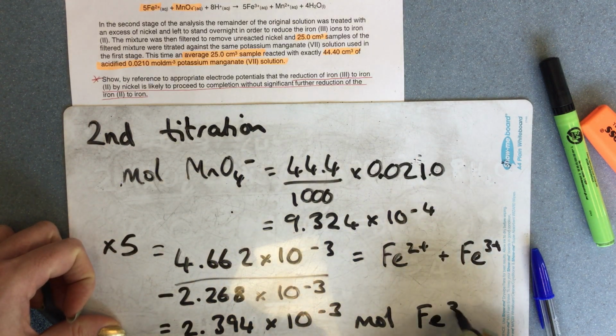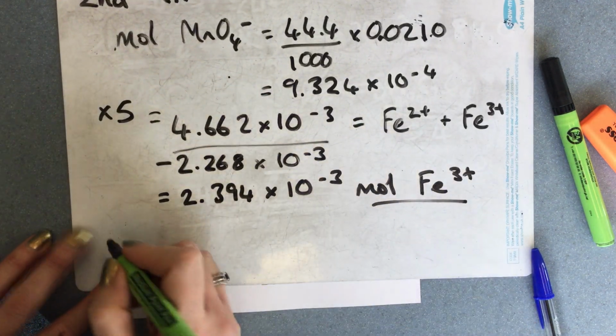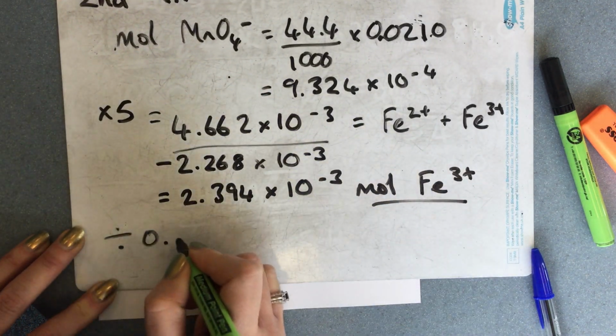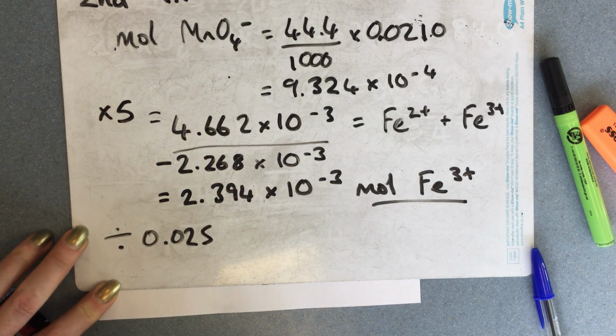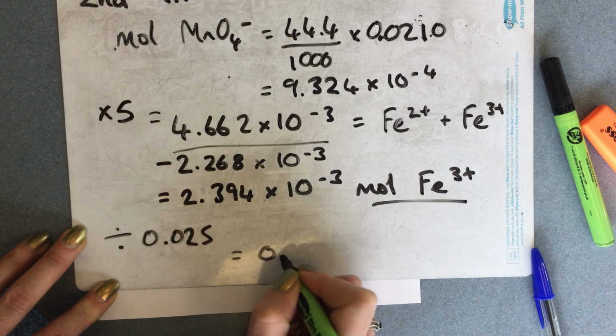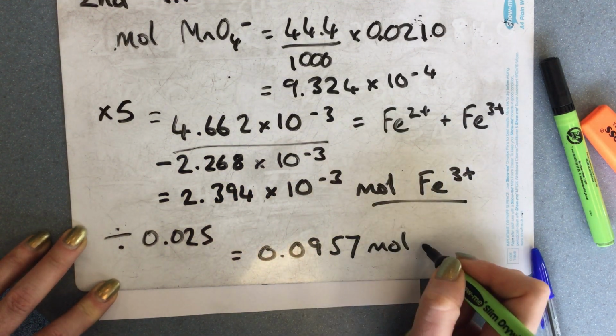That is my moles of Fe3+. That's not my concentration though, so again, same thing, it's in the same volume, divide it by 0.025, and that gives me 0.0957 moles per dm cubed.